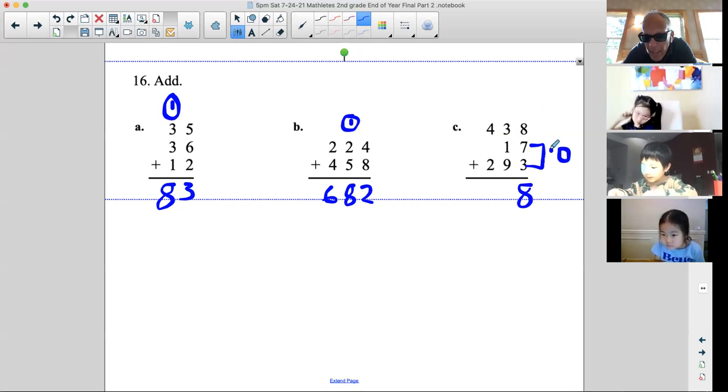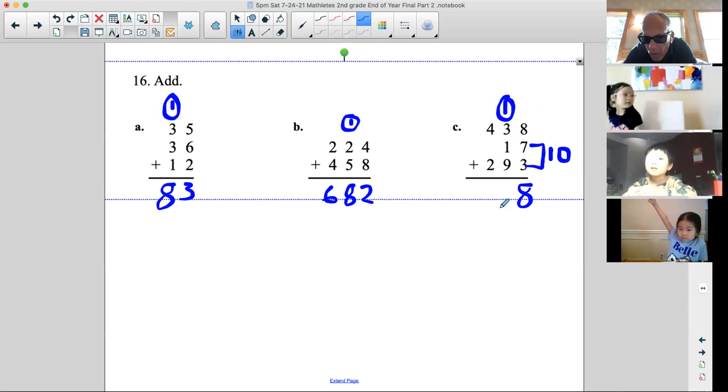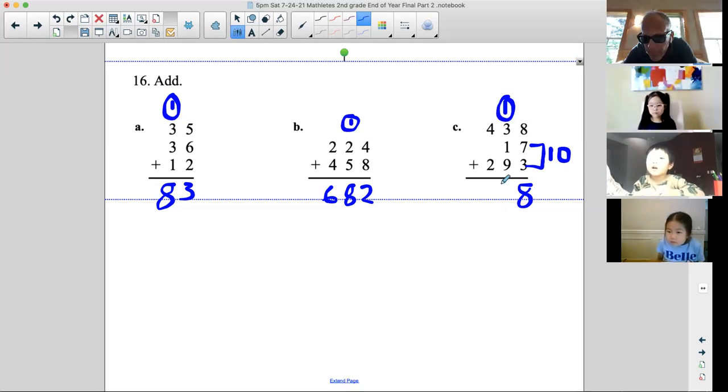7 plus 3 is 10. So 18. Now, 9 plus 1 is 10, and 3 plus 1 is 4. Say it. Go. 14. Carry the 1.